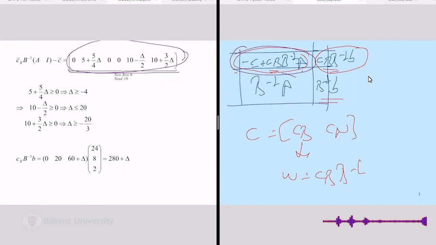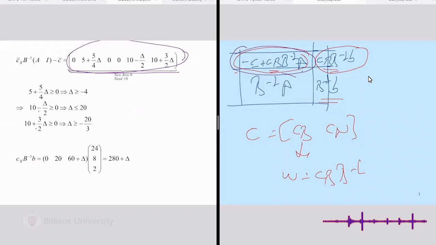I want this to be non-negative so that I remain optimal, right? That was the question: how far can C1 change without us losing optimality. So we just calculate CB tilde B inverse A minus C, and we need to check that each entry there is non-negative.